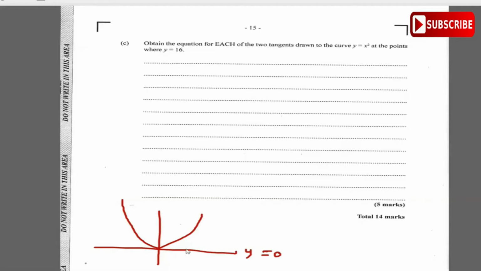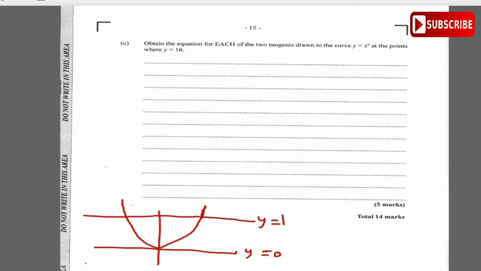When y is 16, where is 16? The line y equals 16 is somewhere here. I'm just showing you, this is a rough sketch. This is the line where y equals 16.